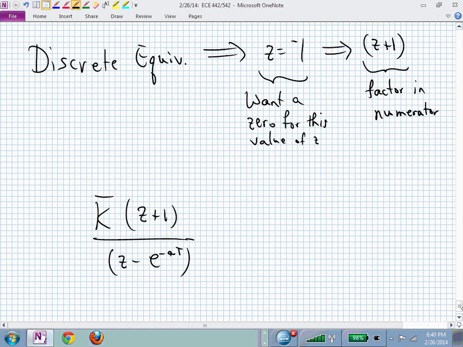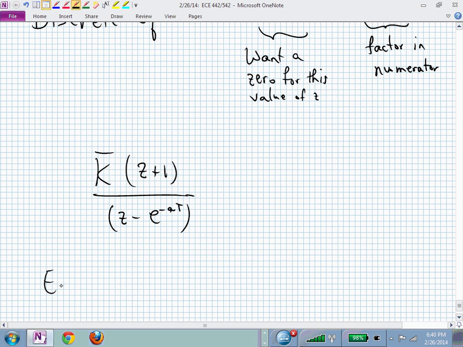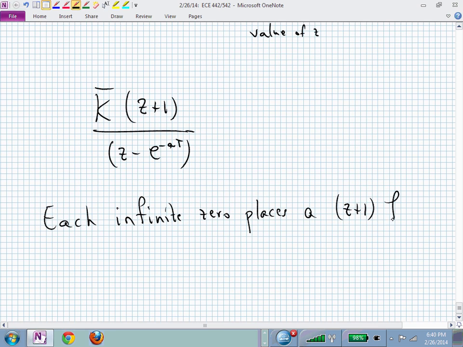But here, what we're saying is that each infinite zero now places a z plus 1 factor in the numerator of h of z.